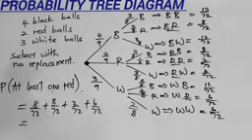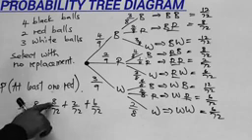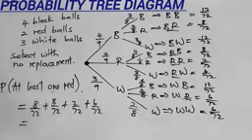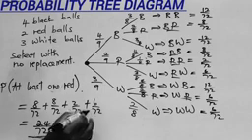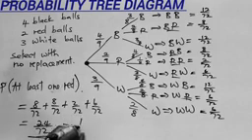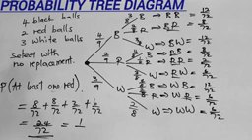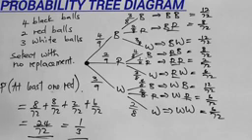Then we add the numerators: 8 plus 8 is 16, 16 plus 2 is 18, plus 6 is 24 over 72. You can simplify it, this will be 1 over 3. That's the probability of picking at least one red ball. At least one means you have chosen one or more.